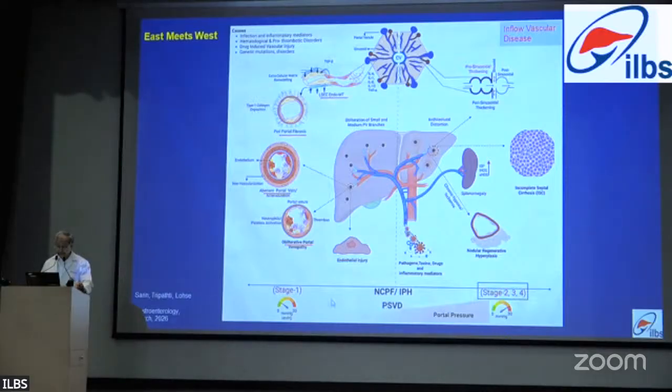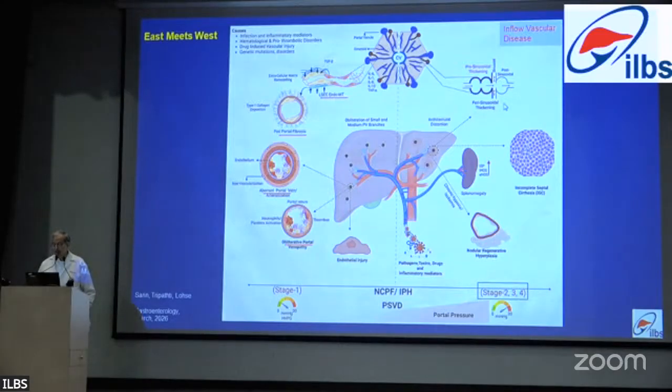Now, as I said here, the endothelial injury, the liver sinusoidal endothelial cells convert to mesenchymal cells here, and this also extracellular matrix remodeling occurs through TGF beta. This is what finally ends up that you have at the end of it a situation which I said there is a pre-sinusoidal thickening and there is also perisinusoidal thickening.